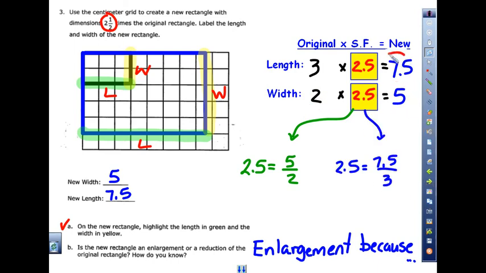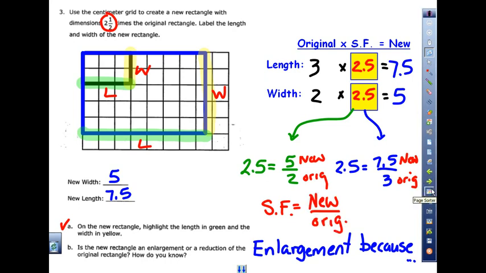So, did you guys know that the scale factor is the new length divided by the original? I hope you learned that by now. That's going to help us with the next problem. Let's take a look at the next problem.